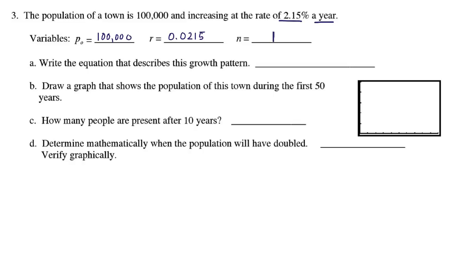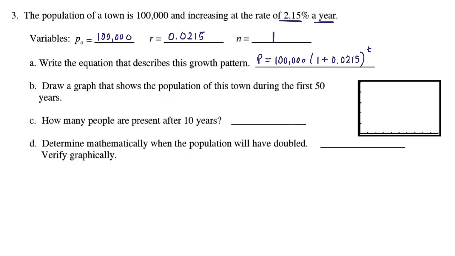And so now we're ready to write our equation that shows our growth pattern here. So our new population is going to be equal to, again, we have 100,000 times 1 plus, this is a growth, 0.0215, and raised to our t over 1, or just t.